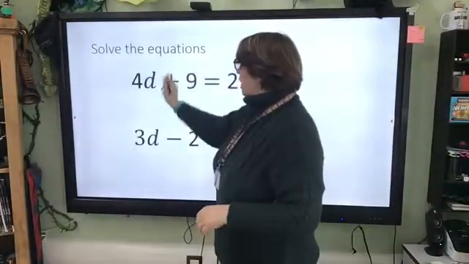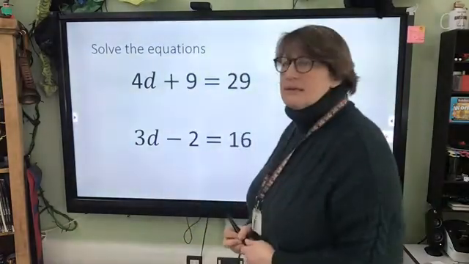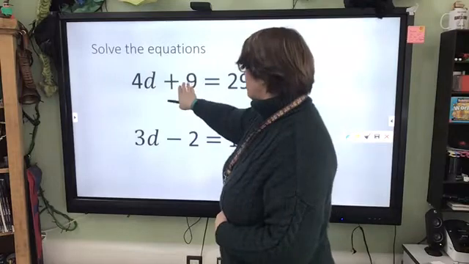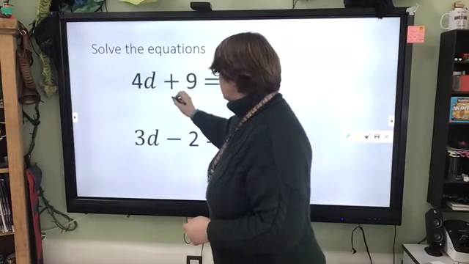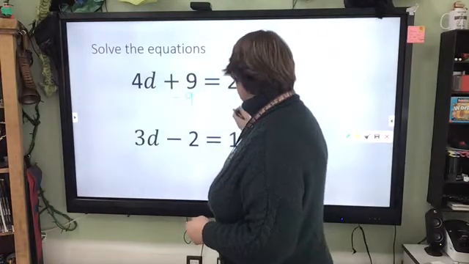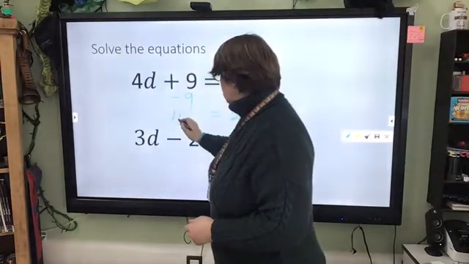So here I've got 4D plus 9. Remember, whatever I do to one side, I do to the other, and I need to use the inverse to get rid of this addition of 9, this plus 9. So I'm going to take 9 from both sides. That will leave me with 20 is equal to 4D.